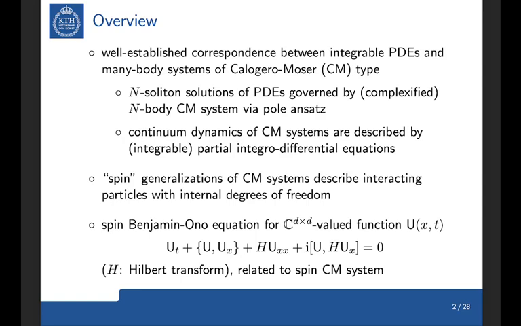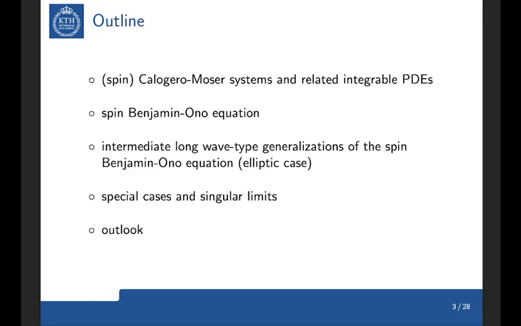The correspondence at the elliptic level is particularly interesting because in order to establish it, one needs a new Bäcklund transformation for the elliptic spin CM system. And this has some novel features that I'll have a chance to describe later in the talk.